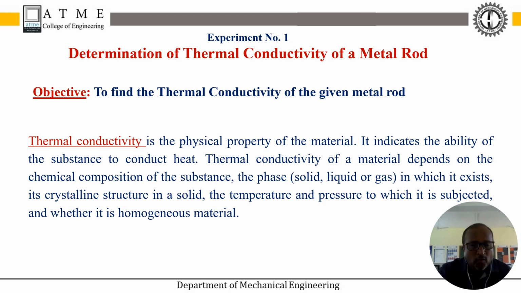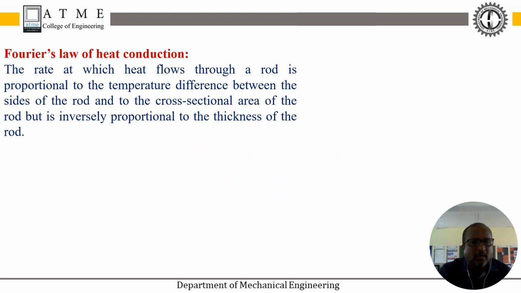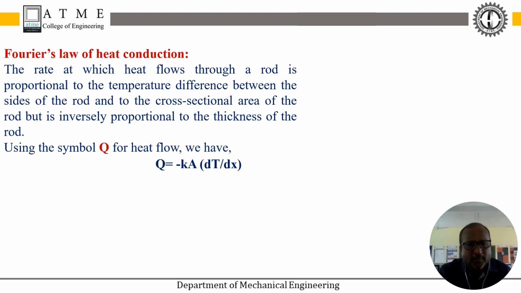Okay. Now, how do we find that? Before going to the setup, let us understand the principle behind this. It is based on Fourier law of heat conduction, and we all know this equation very well. Q is equal to minus K A dT by dx, right? We have used it many times in our theory classes.